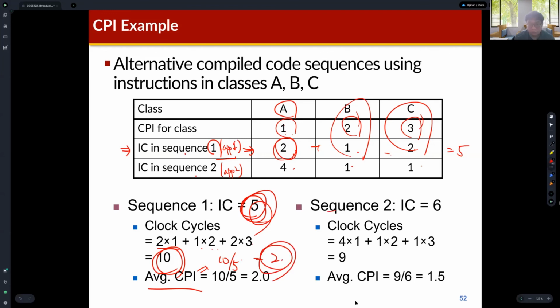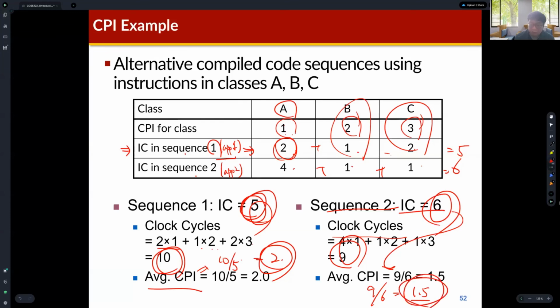How about sequence 2? In the same way, the total number of clock cycles is 9, and the total instruction count is 6. Right. So the average CPI is 9 divided by 6, which is 1.5.